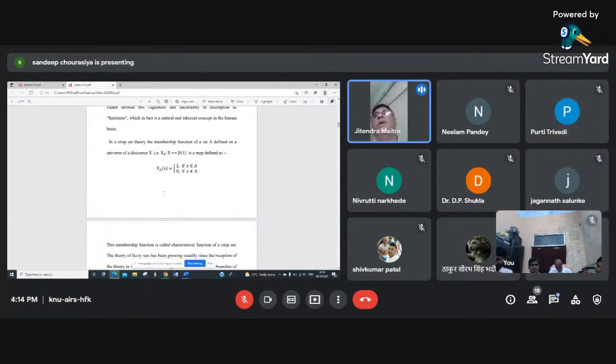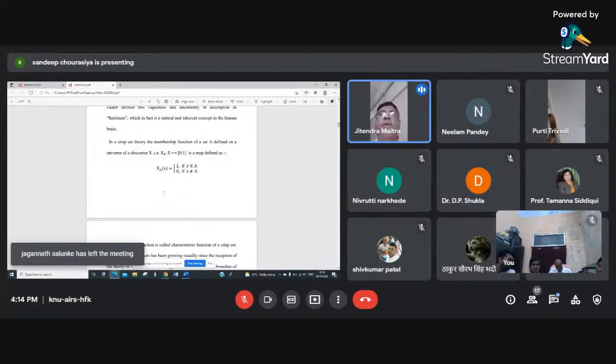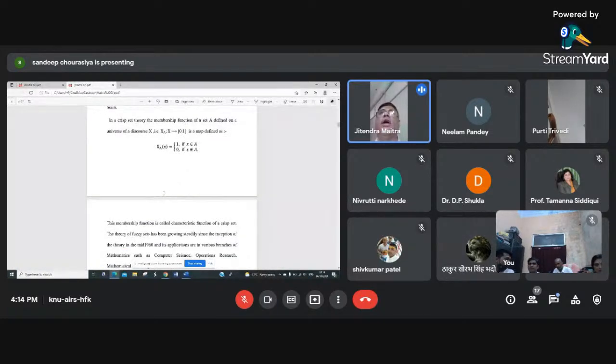In the domain set, we have the universal set which contains the elements from 1 to 10, which means 10 elements. Suppose we want to characterize the set A, which consists of three elements 2, 3, and 4.